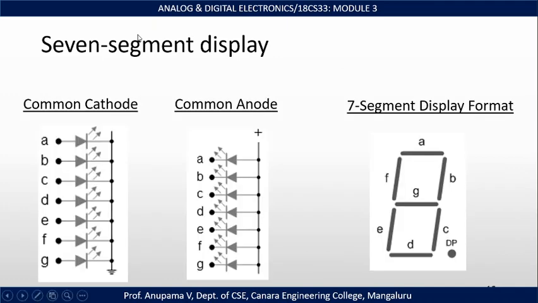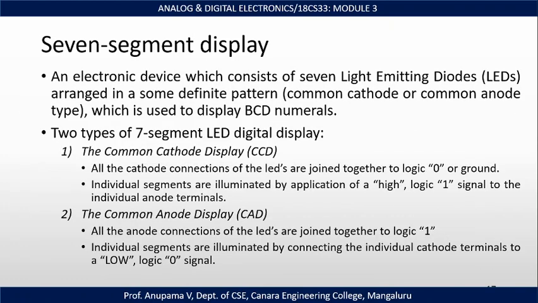See here, we have seen the 7 segment display in our day-to-day life. In a digital watch, numbers are represented using 7 segment display, or in the odometer or speedometer of any vehicle, we display the numbers in the form of 7 segment display.